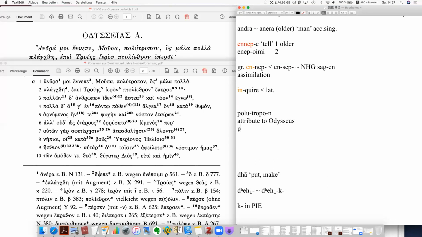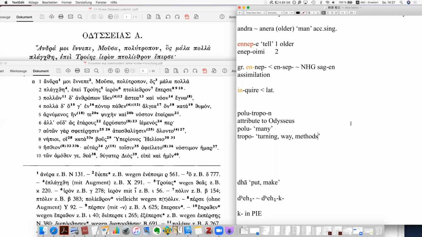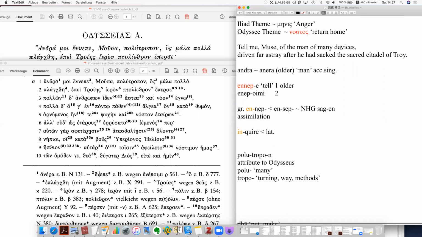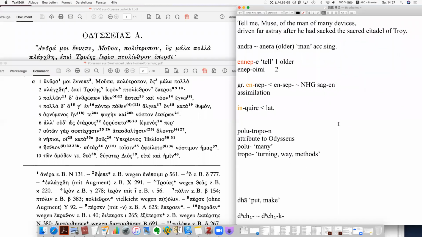And poly means many. Tropone originally means actually turning, but then it means way or method. Yeah, it's a man of many devices or many methods or many crafts, something like that.